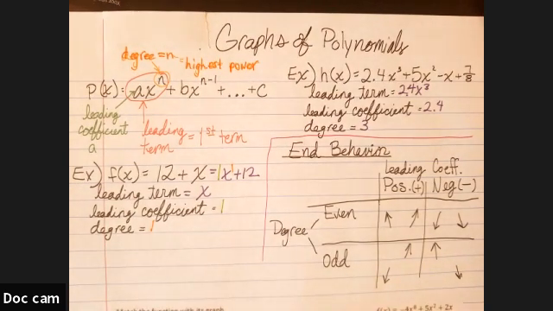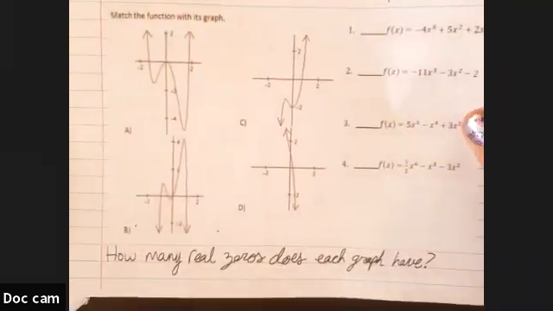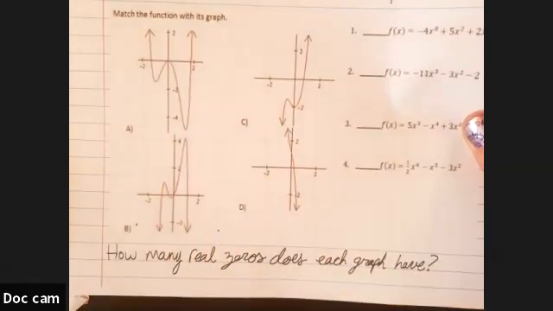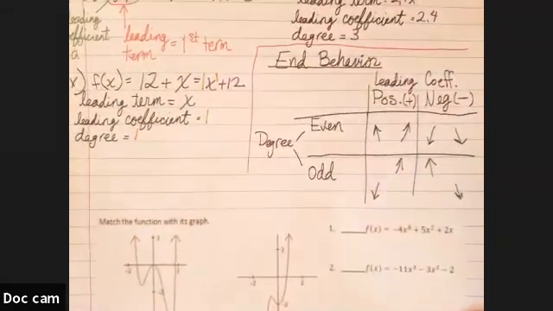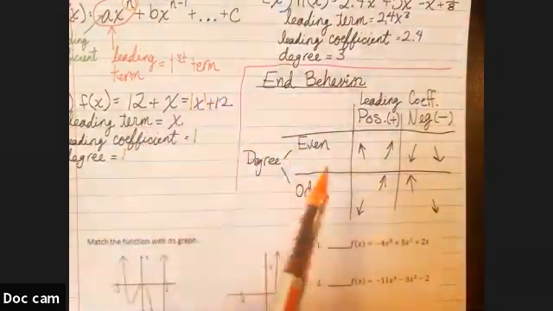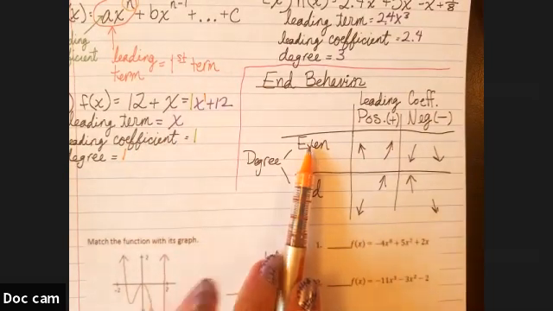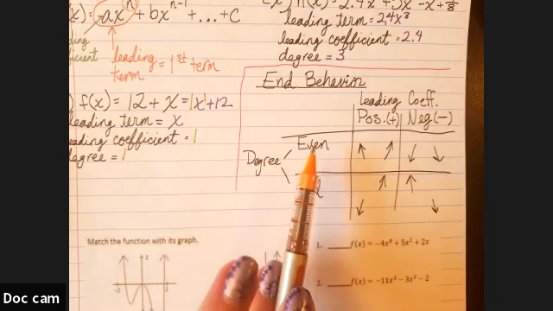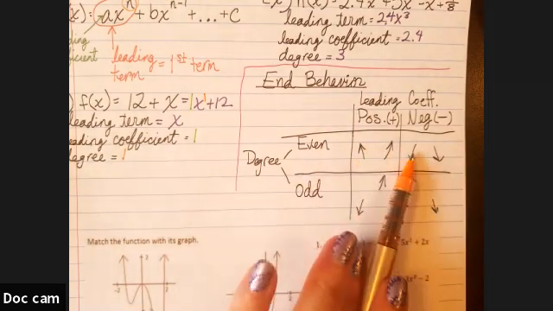Okay, and here are some examples of polynomial graphs right here. We'll look more at those in a second. So whenever the degree is an even number, meaning you have a degree of 2, 4, 6, 8, 10, 12, etc., then the arrows are pointing the same direction.